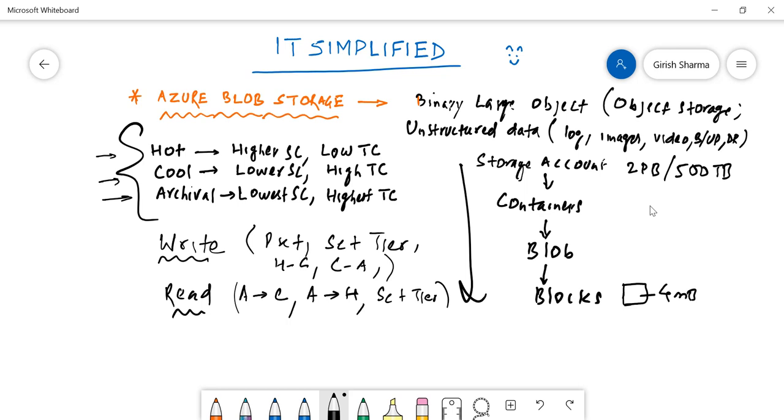The common scenario that I see in the user base is a lot of health data, for example X-ray images, or surveillance images, scenarios where you just want to dump it and forget it. Maybe they want to keep this for compliance and regulatory reasons, that they need to keep the data of the patient for a certain amount of time. You can keep it in archival, but the data in archival will always be offline.